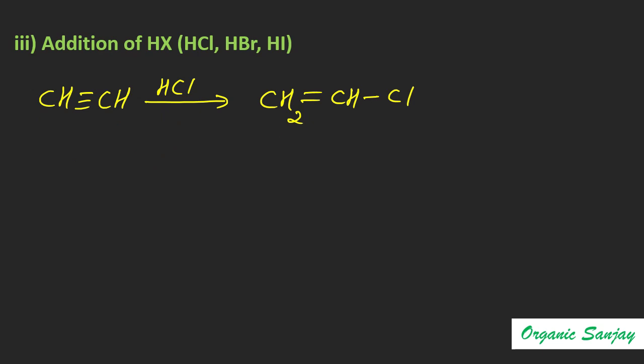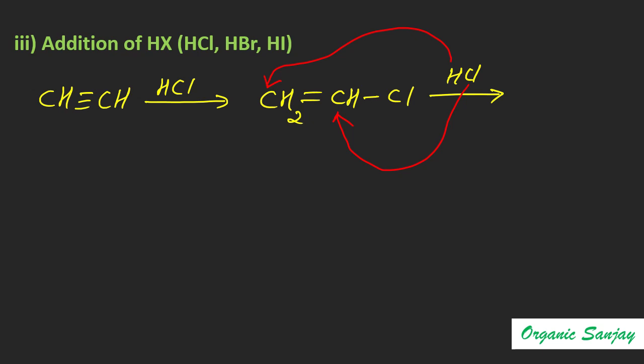Again, since there is one more pi bond, it will react with another HCl molecule, and since it is an unsymmetrical alkene, we have to follow Markovnikov's rule. The H plus will add to the carbon which has more hydrogens, and chlorine will add to the carbon which has fewer hydrogens.